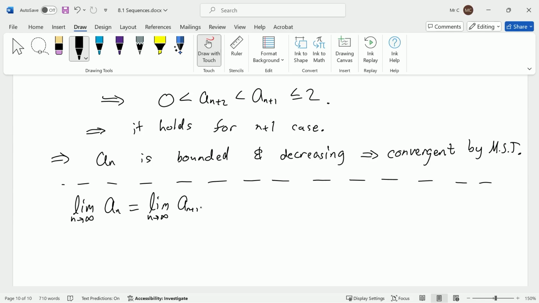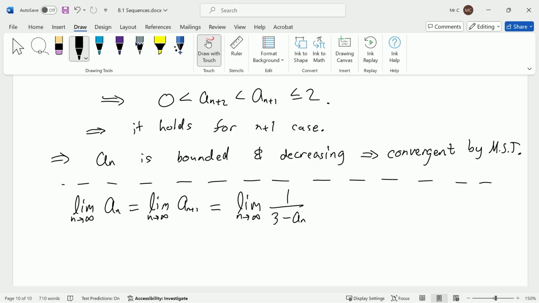Starting one term higher doesn't mean we end up at a different place. It just means we're starting at a term higher. So what does that look like? Well, a sub n plus 1 is 1 over 3 minus a sub n.